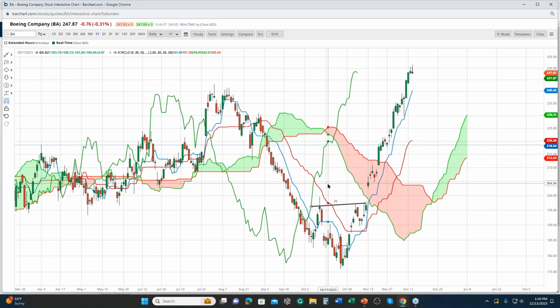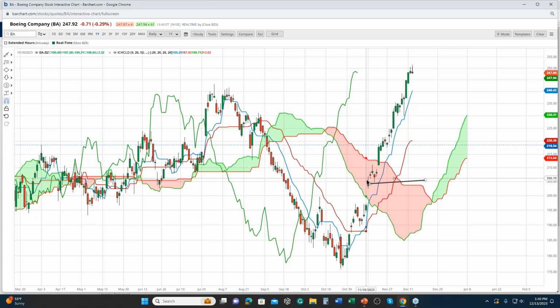Well, we also want to make sure that our future cloud is green. Again, if I use that displacement of 26 periods, even at this point right here, our future cloud is still pink. And it's not until about here that we get that green cloud. But again, where are we in terms of the current cloud?